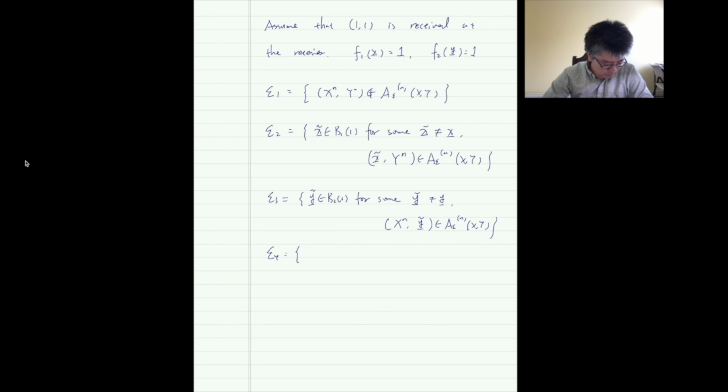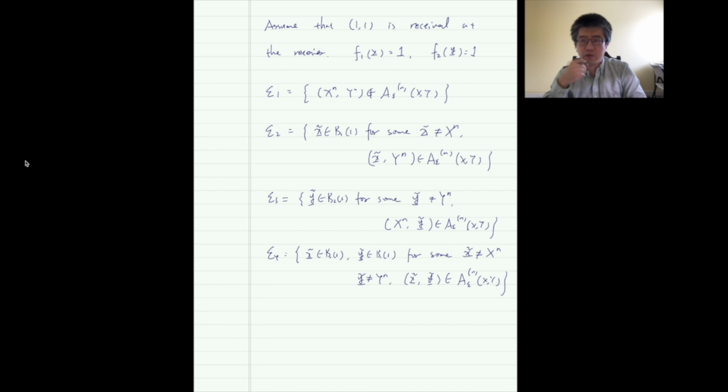So we have this for some x tilde not equal to x and y tilde not equal to y. Here we need to be careful, so let's write it as a random event, such that x and y, both of them, are in the typical set. Those are the 4 possible error events.